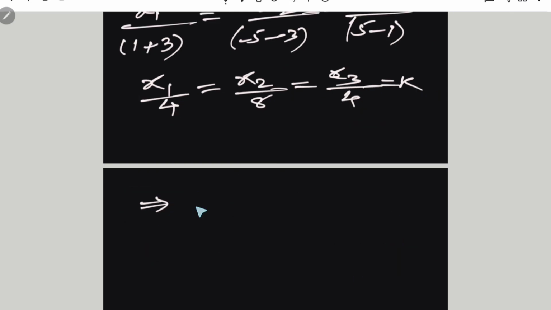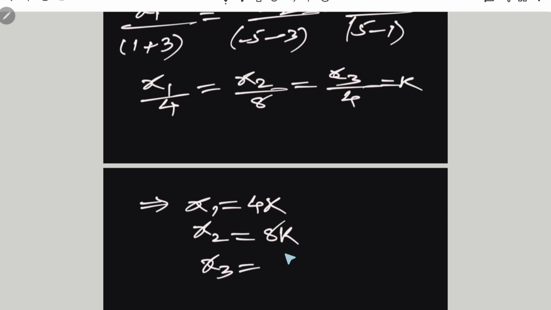It implies x1 equals 4k, equating first with last, then second with last, we get x2 equals 8k and x3 equals 4k. Therefore, the eigenvector corresponding to lambda equals 6 is 4k, 8k and 4k.